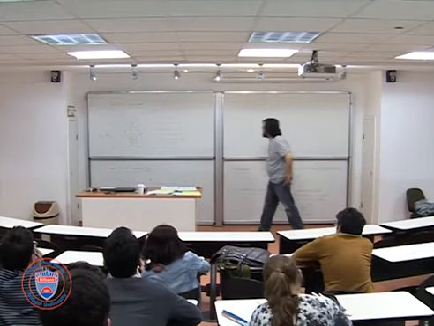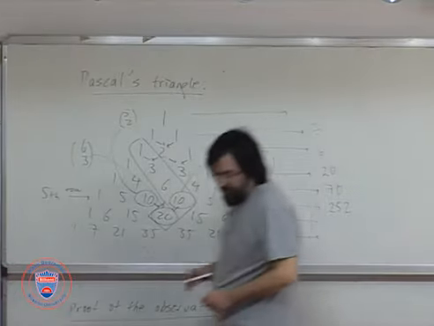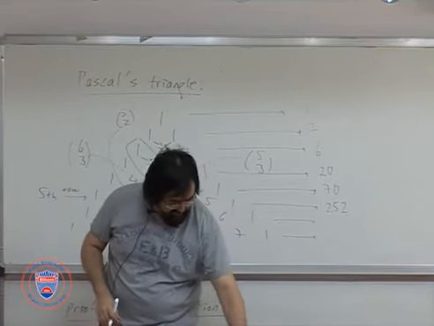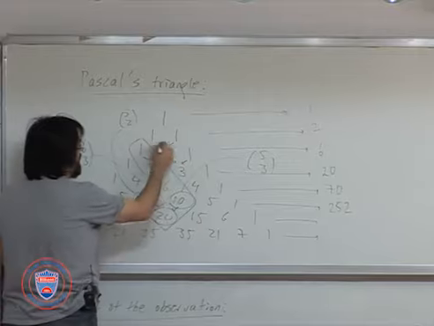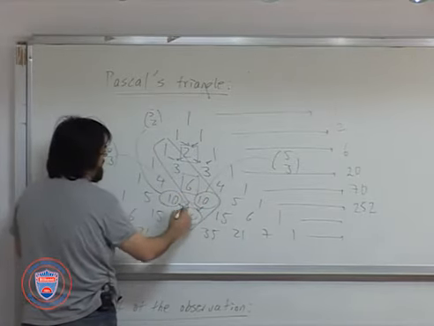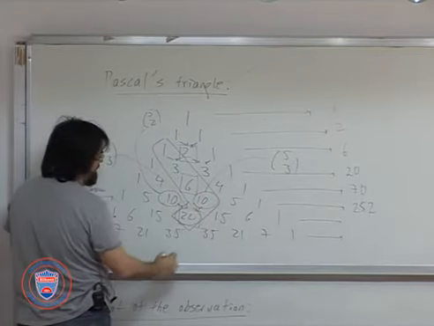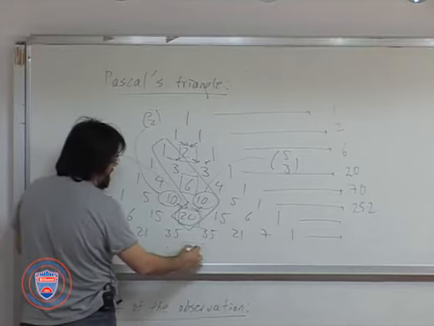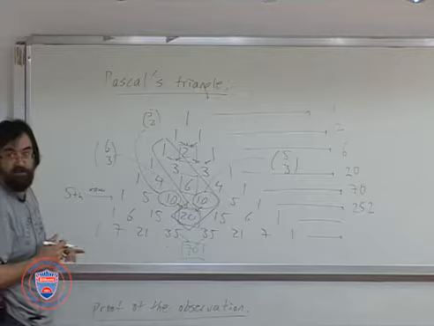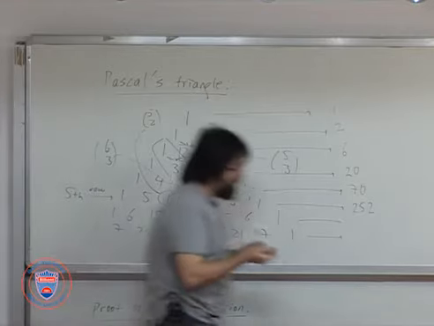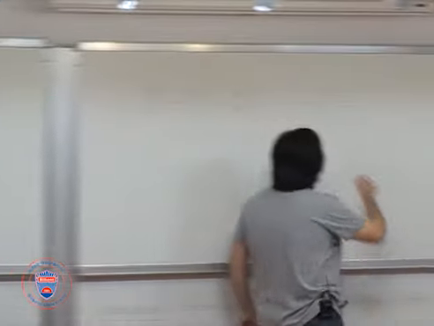2n choose n. So you're saying that these numbers are exactly these numbers. So 2, 6, 20. So we're seeing that the next one here is 70, which is true. So those are the numbers. So it's 2n choose n.